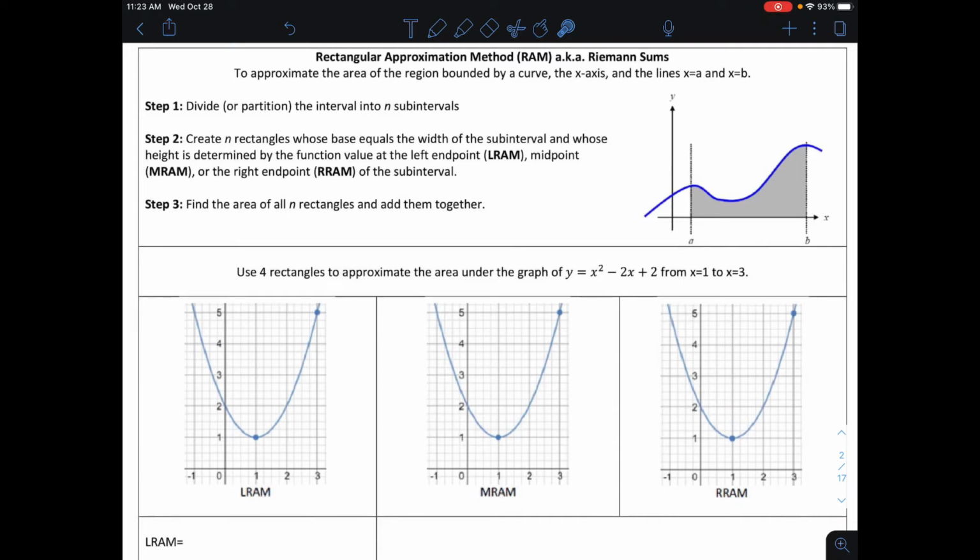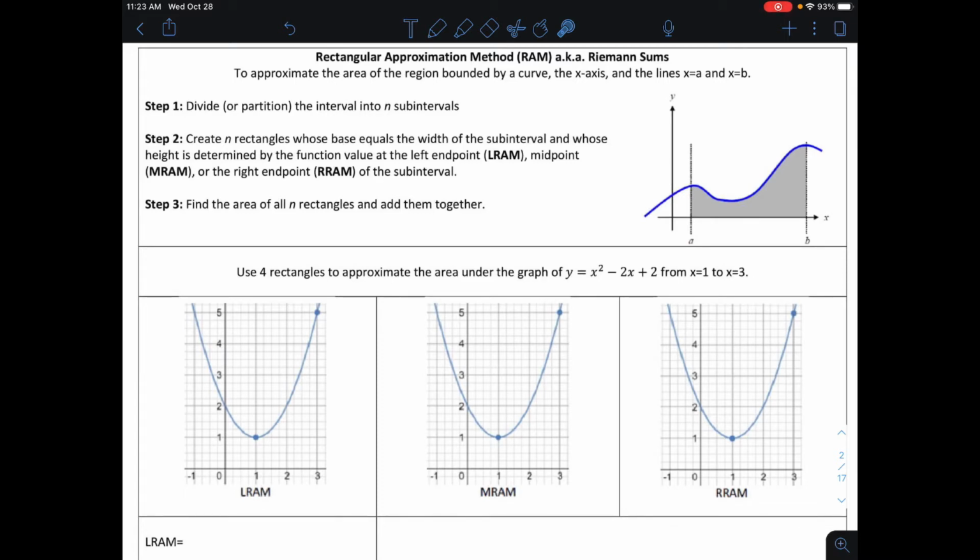What we can do is approximate the area underneath the curve. So if I look over here on the right-hand side, if I have a curve like this, and I wanted to approximate what all this area is, we can apply some geometry formulas for the approximation. And we can use a rectangular approximation, which abbreviated would be RAM, to determine what this sum is.